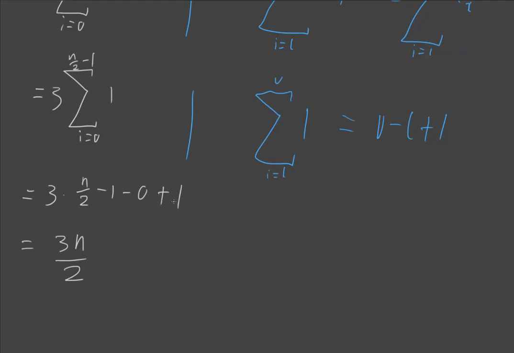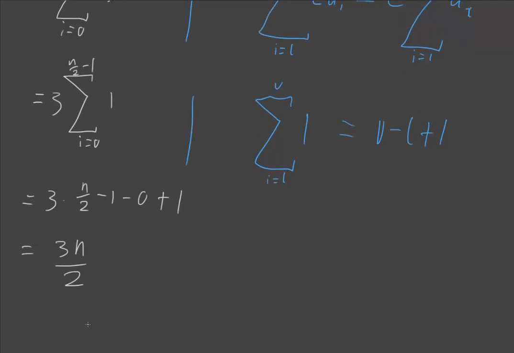And this fundamentally is why it absolutely does not matter if you go traditionally from 0 to n minus 1, or from 1 to n, because in the case of 1 to n, you end up with n minus 1 plus 1. In the case of 0 to n minus 1, you end up with n minus 1 minus 0 plus 1, and the minus 1 plus 1 cancels out anyway, which makes sense because they're the exact same number of iterations.